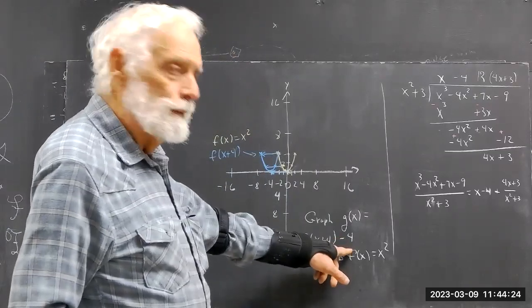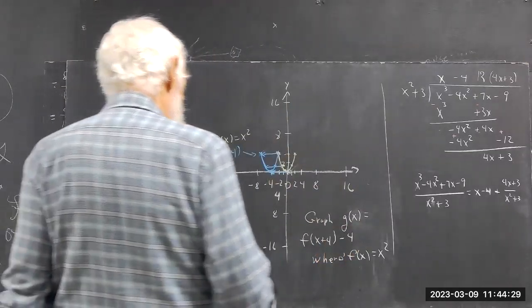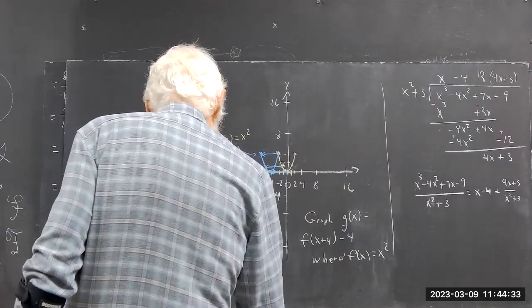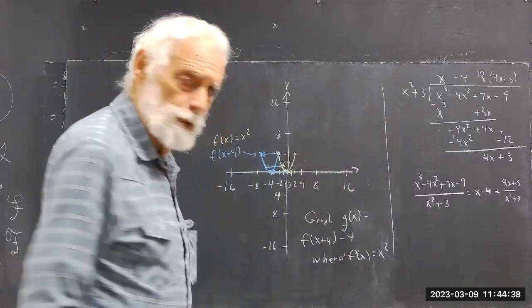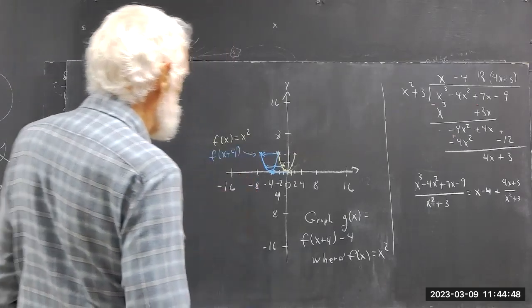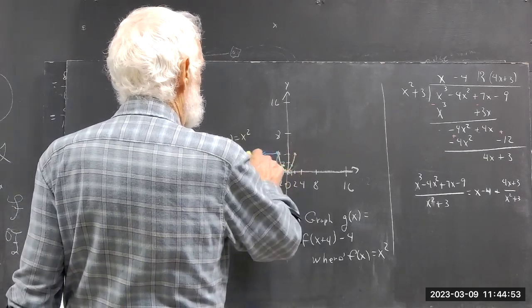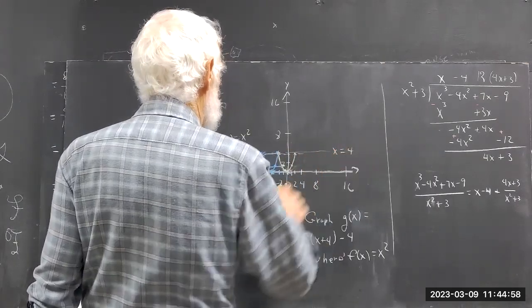Now, I've got a vertical shift of -4, so I've got to move everything 4 units down. Okay. So moving 4 units downward. This point's at x coordinate 4. Just a reminder, here's a line where x equals 4.